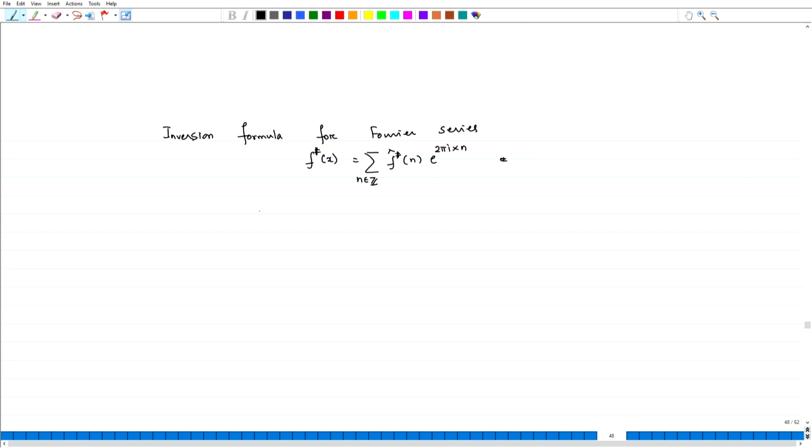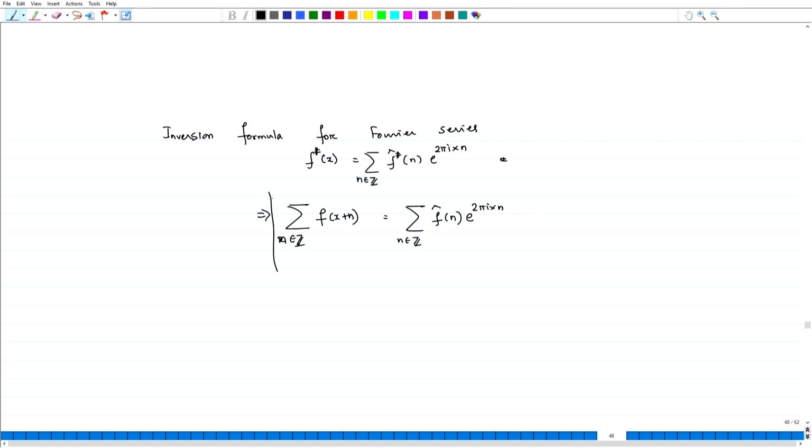So this will imply that f sharp, which is the summation over n in Z of f of x plus n, is equal to the summation over n in Z of f hat of n e to the power 2 pi i x n, since f sharp hat at n is f hat of n.